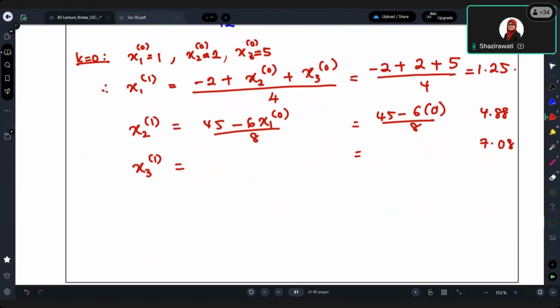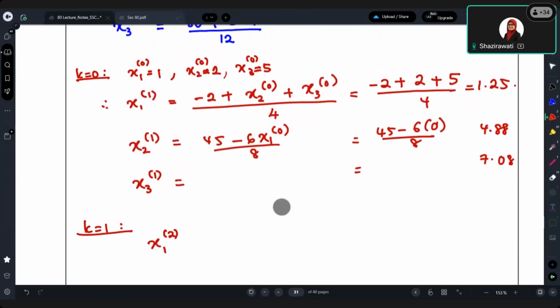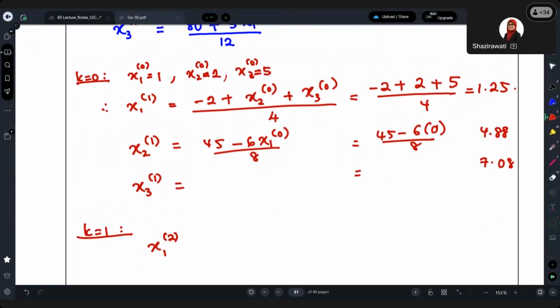So when k equals 1, you repeat x1 again, but now the superscript will become 2, because k plus 1, the iteration is now 1 plus 1. So you get x sub 1, 2. The formula is the same, negative 2 plus x2, but the iteration is now 1. Okay, because you are currently at k equals 1.